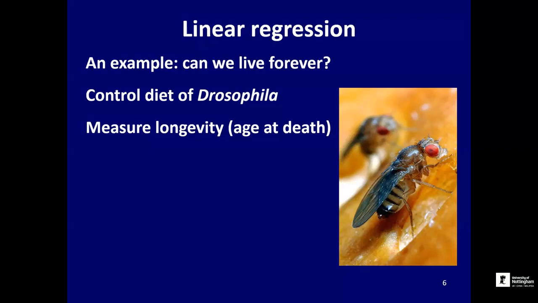So it's easiest to understand these things working with a real example or a simulated example. I've made up some data, but it's based on a real study of Drosophila fruit flies, which is every biologist's favorite study organism. Drosophila is an incredibly well studied, well understood tiny insect.